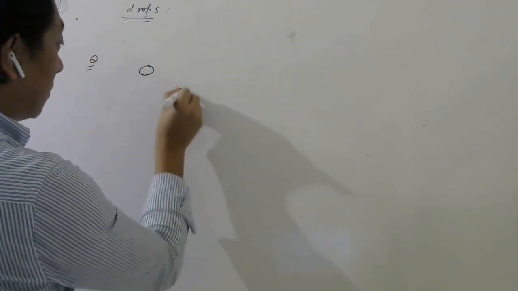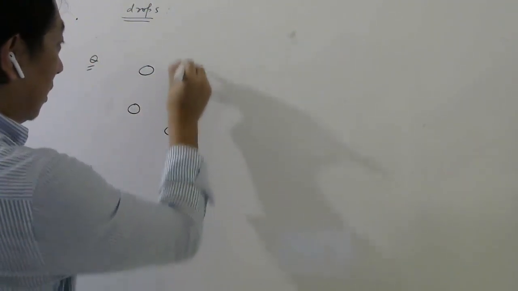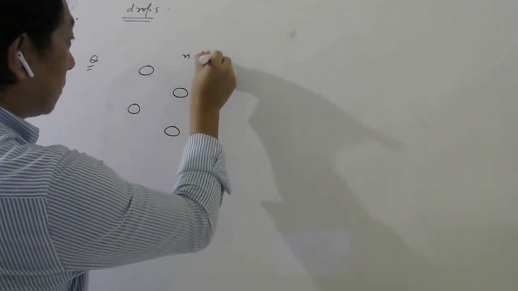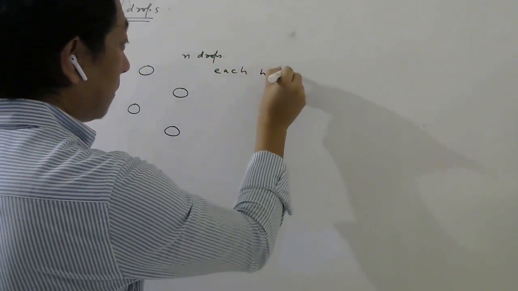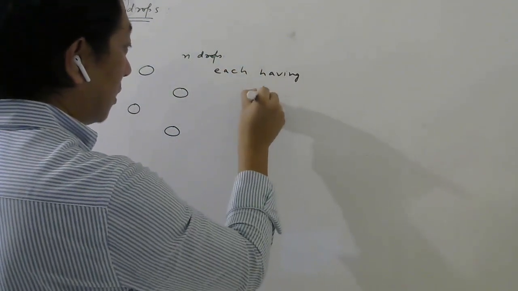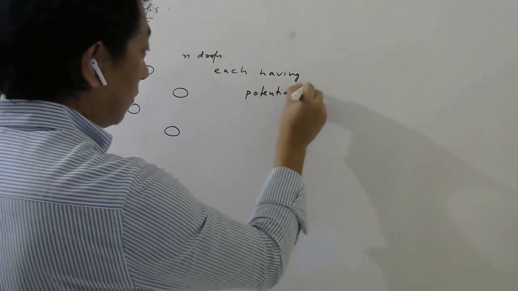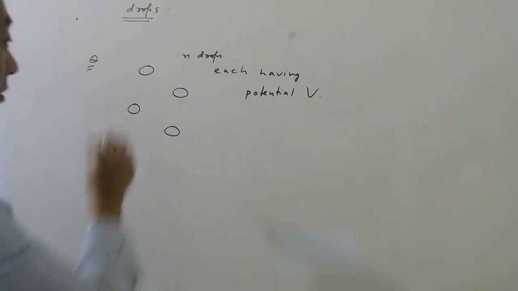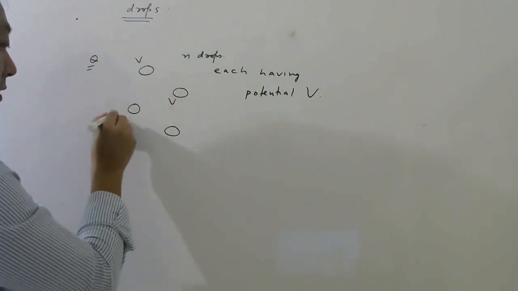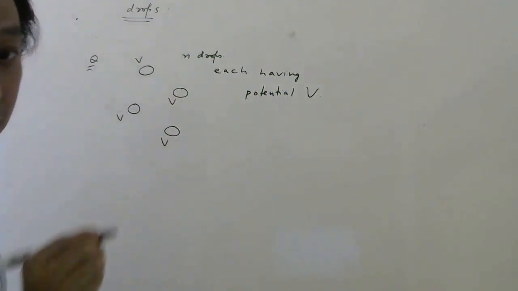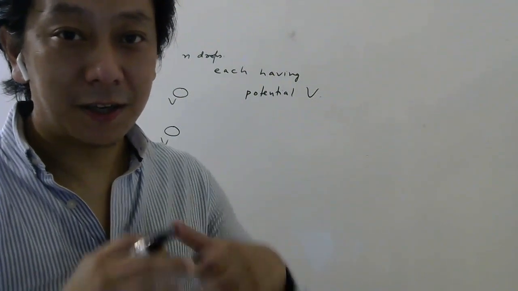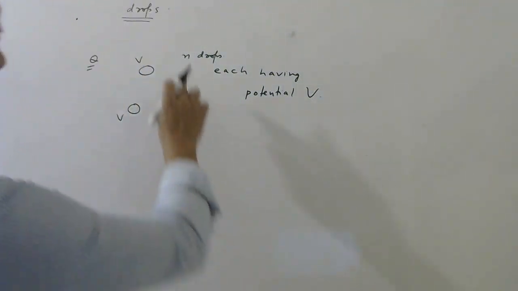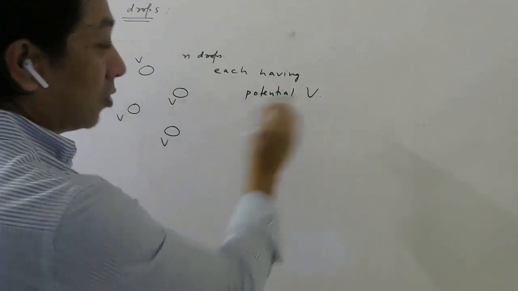I have n drops, each having potential V. So this is also V, this is also V, potential on the surface. Once I say potential of a drop or potential of a conductor, then it means on the surface. So n drops are there, each having potential V.